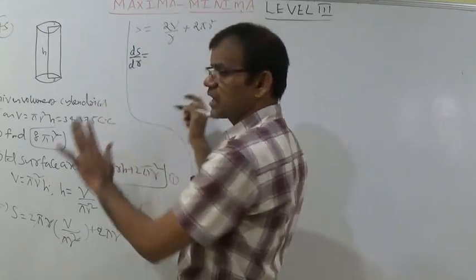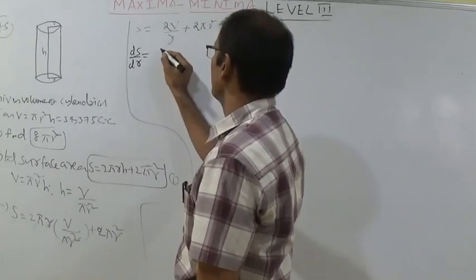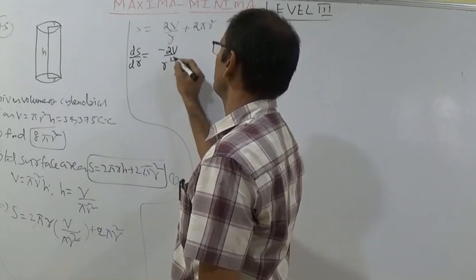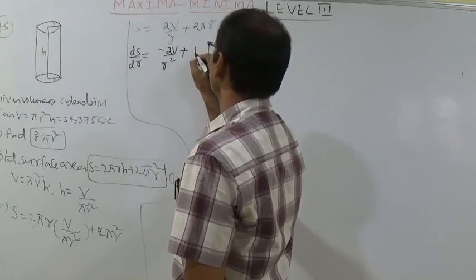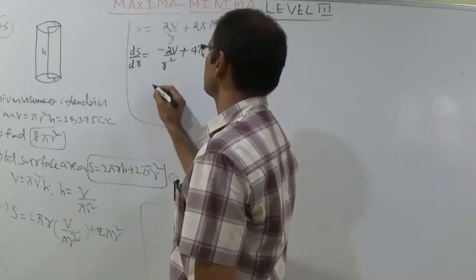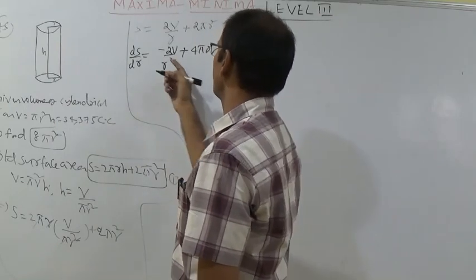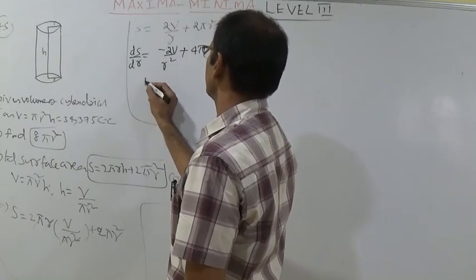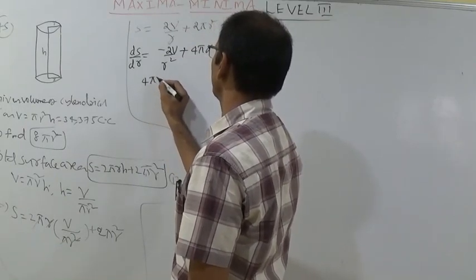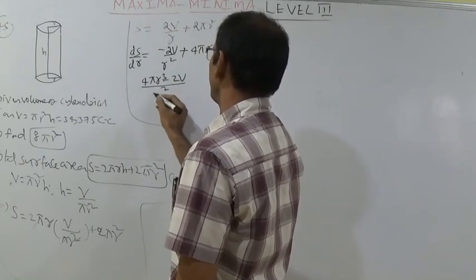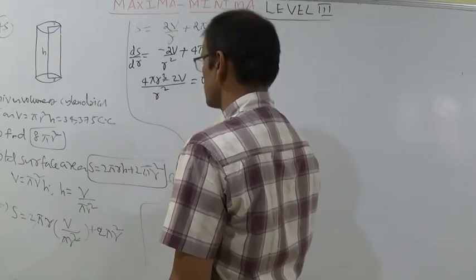Using V as a constant, the derivative is minus 2V by r square plus 4 pi r equal to 0. Taking common denominator: 4 pi r cube minus 2V by r square equal to 0.